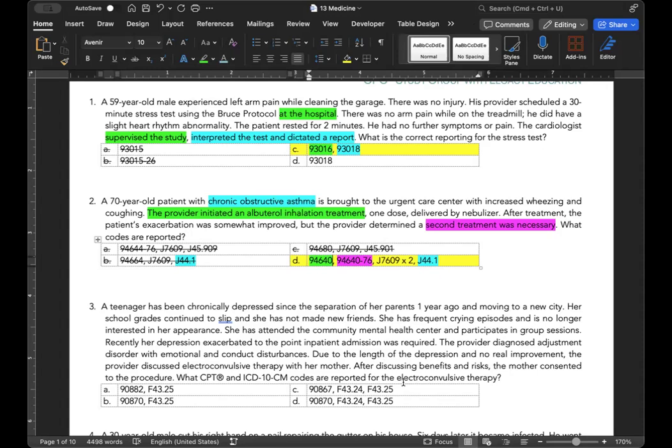Now, I know we haven't talked a whole lot about HCPCS codes, okay? But let's look up this HCPCS code so that we get familiar with how to use our HCPCS manual. So with our treatment, he is doing an albuterol inhalation treatment.